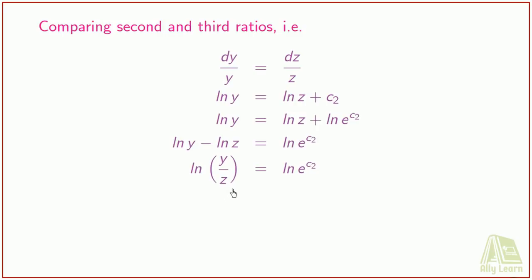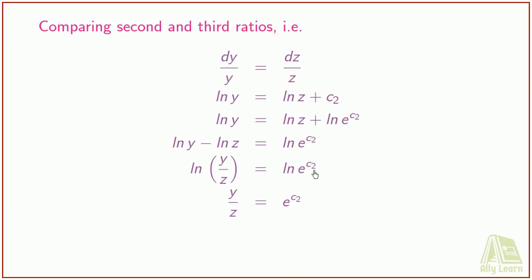And now because natural log is a one-to-one function, we get y over z equals e to the power c2.